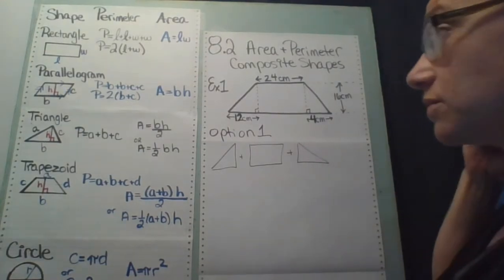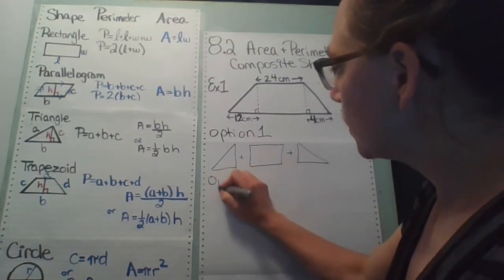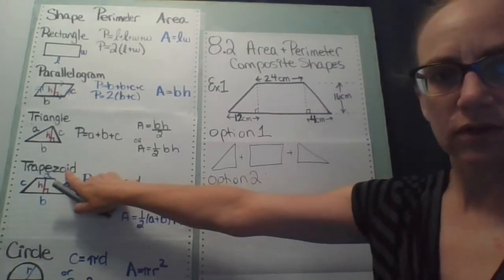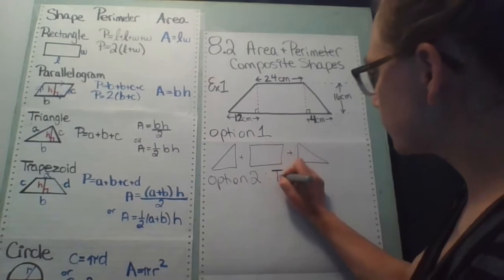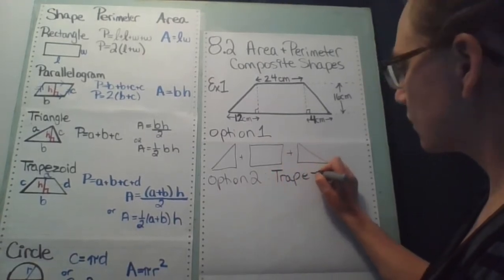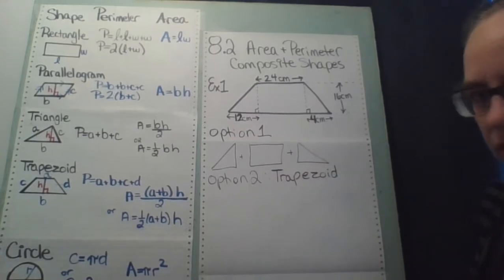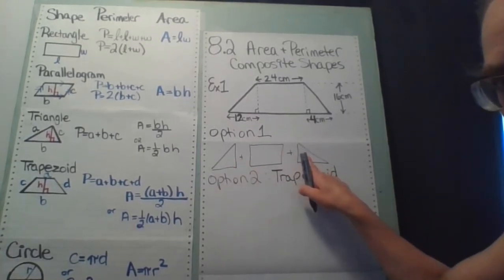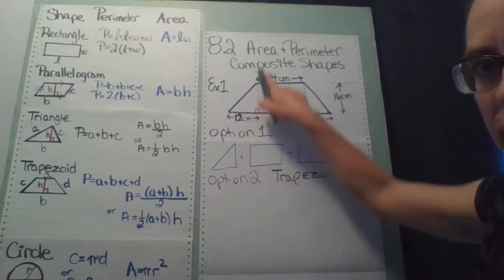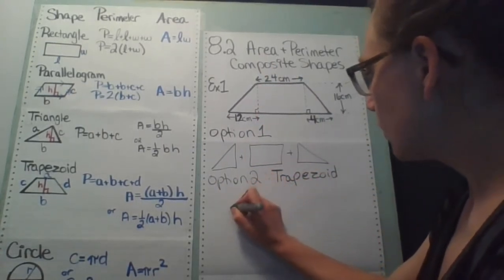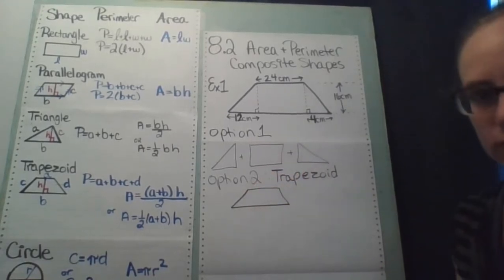Or option two, we can notice that this is a trapezoid, the whole thing. So we can look at it in pieces, and when we put pieces together, that's what gives us a composite shape. Or if we can look at it as a whole, we have a trapezoid.